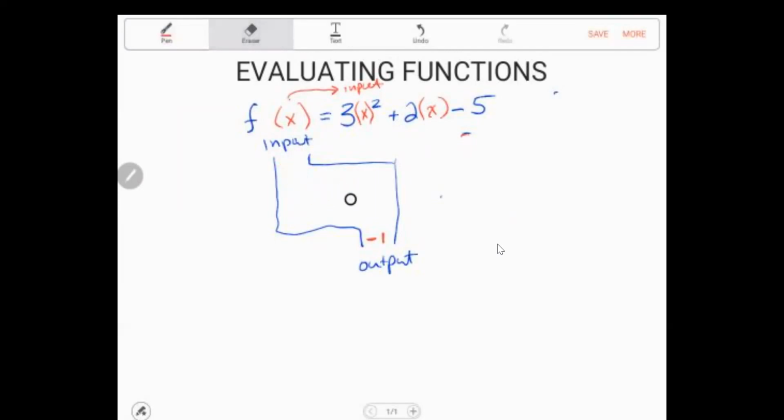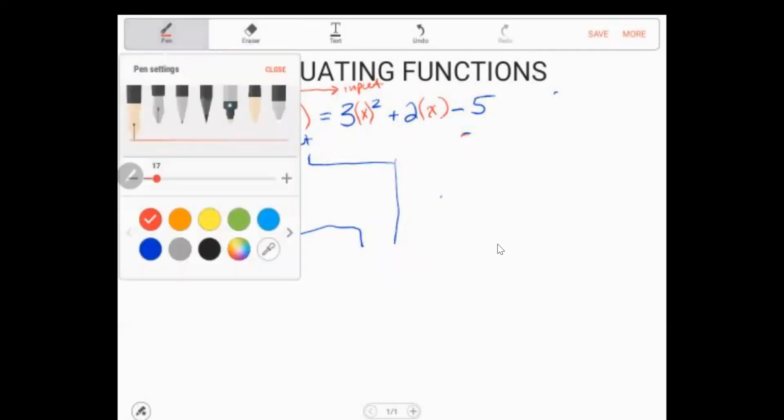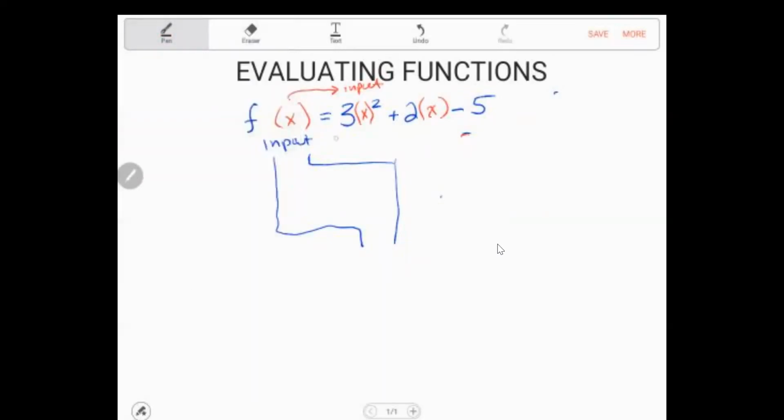Now we have a more complex function. We're going to take care of our little blue box here. In this case, what's happening inside of our box? Before it was only adding 3, but now we're going to multiply. First, we're going to square it, and then we're going to multiply it by 3.